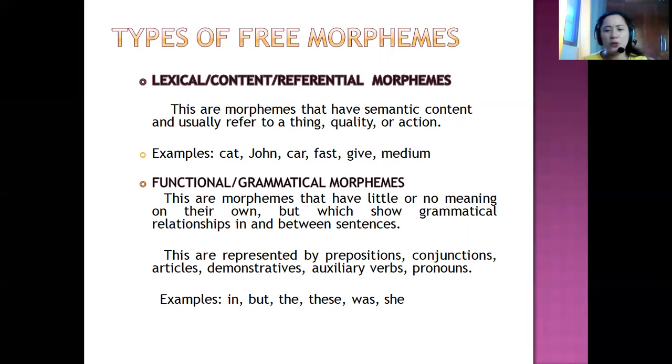Another example is articles, like a headset, an apple. You will use "an" if the next word begins with a vowel sound, like an apple.